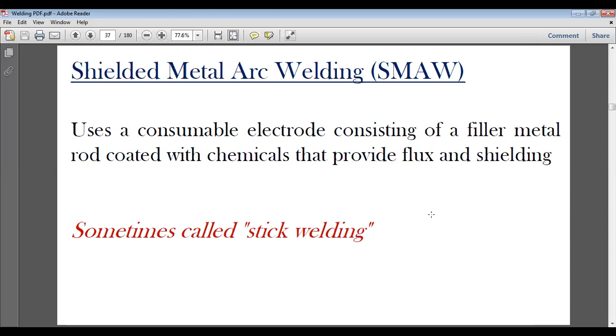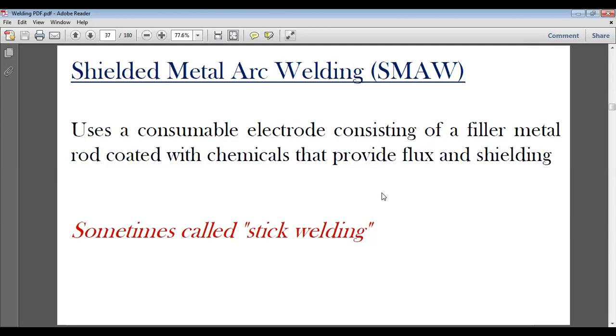And second role of the electrode is that when it is fused and molten, it provides a shield to the molten metal.